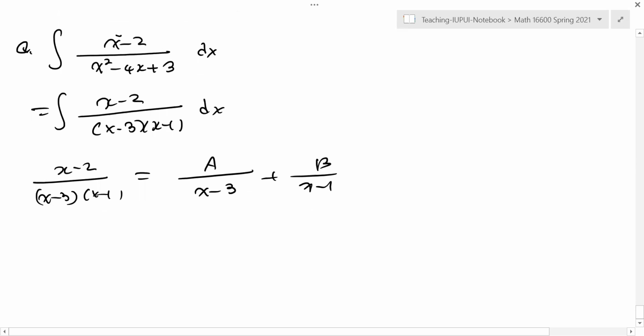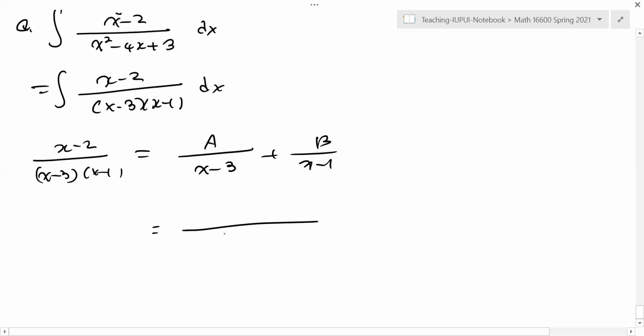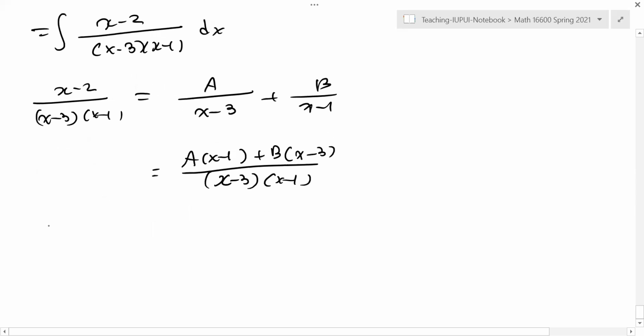There's a quick way to find the A and B, just to try, I guess, and try. But let's combine them and determine the coefficients. Right. So here's x minus 1. This is B, x minus 3. All right.